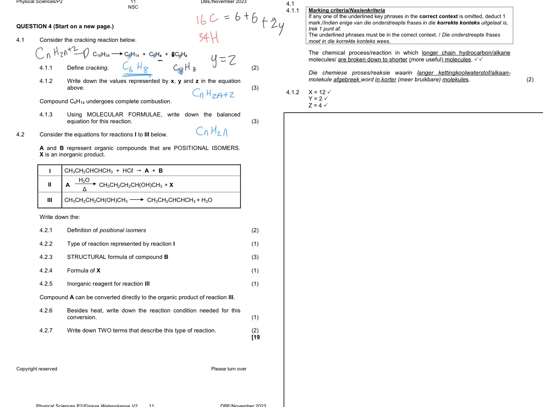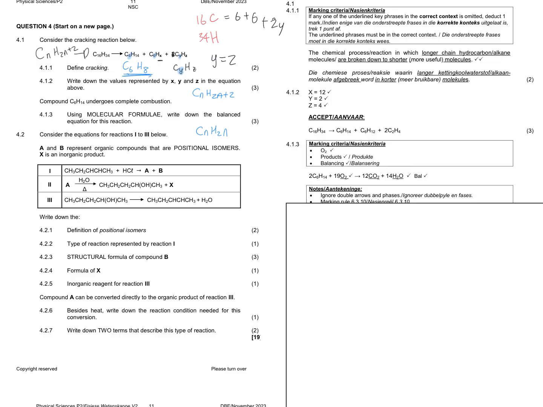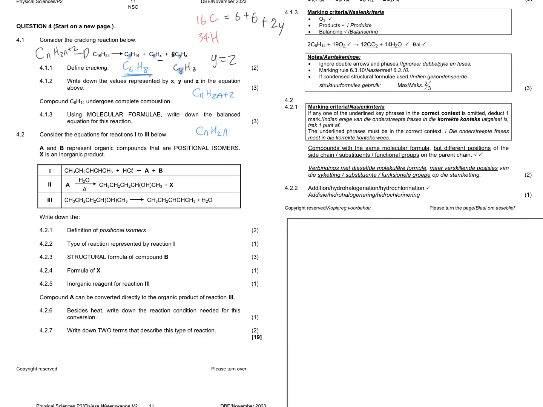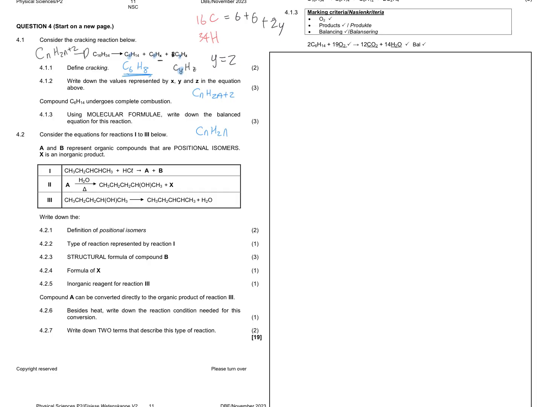So now, if we look at the next one, they're doing complete combustion. So, complete combustion, I just want to give you a few guidelines on doing this. Basically, they're saying write down the C6H14. The complete combustion, what happens is, so this is where you start. You add oxygen because it's burning, and it makes CO2 and H2O.